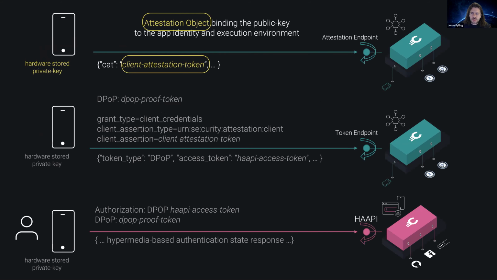So how we do this is first we attest the application, and this attestation object that's generated for us is signed by both a private key on the device itself that's safely tucked away in the secure enclave on your iOS device, and by Apple itself.